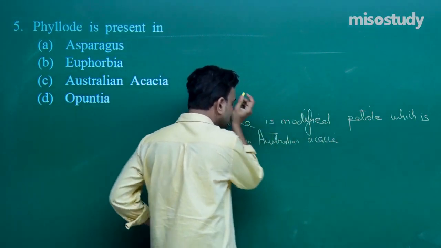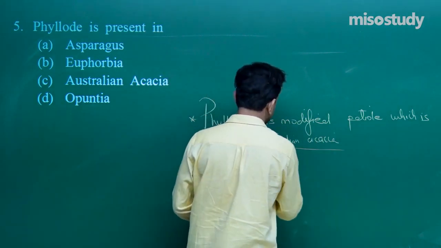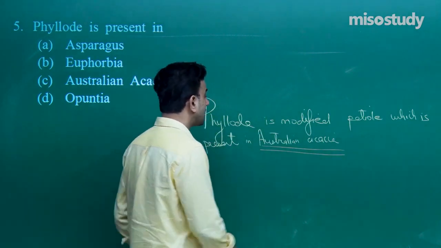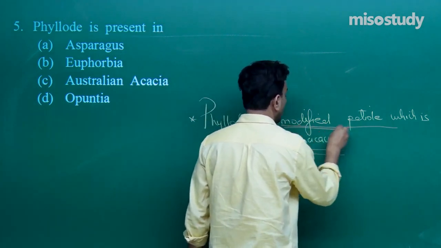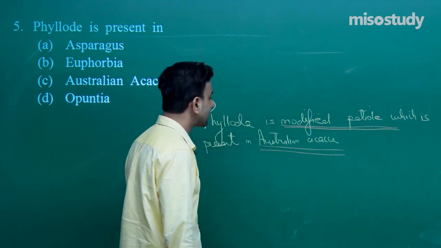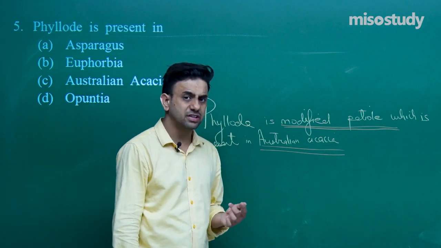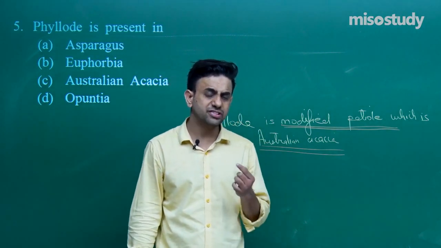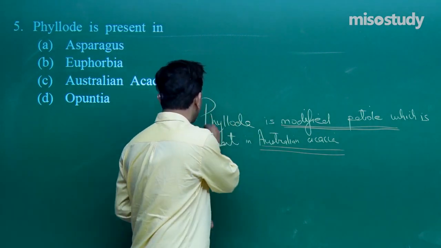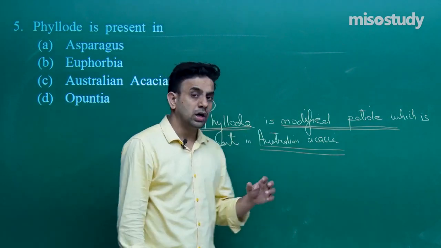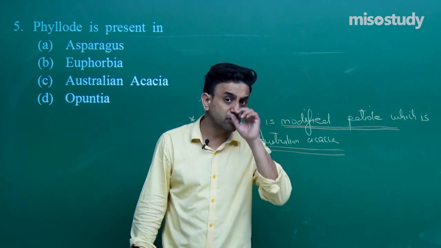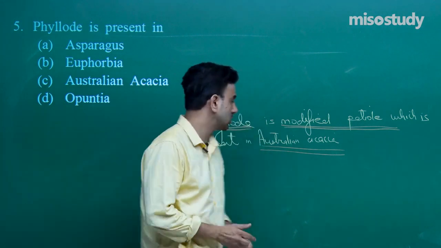What happens is that this phyllode is actually conserving water, reducing water loss by transpiration.